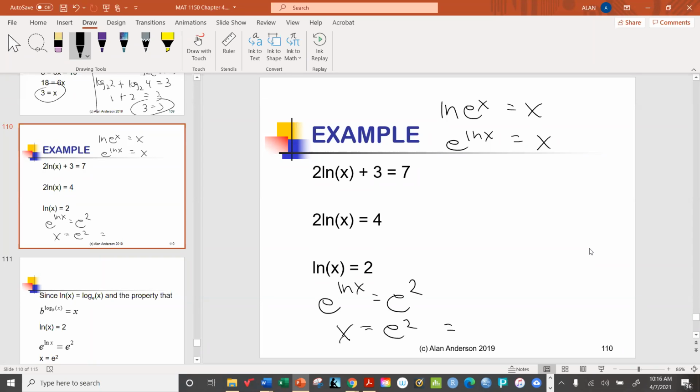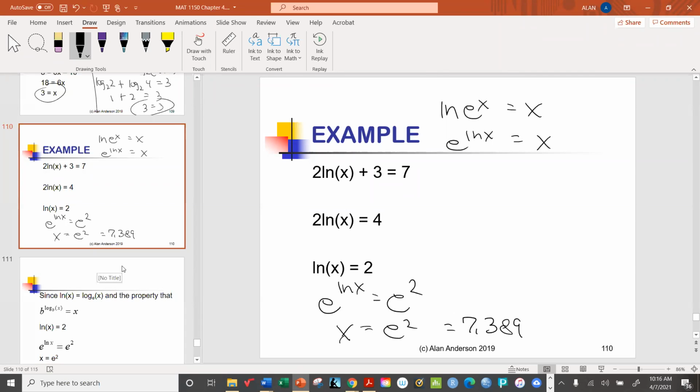You can leave it like that, or you can figure it out on your calculator as approximately 7.389. All right, and that's your final answer.